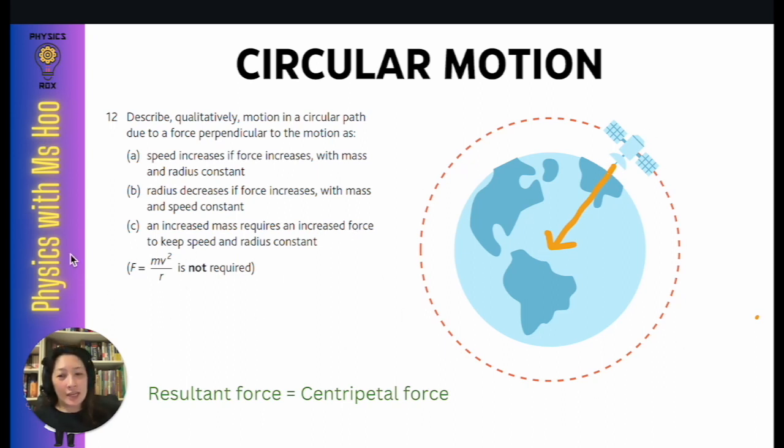You don't actually need to know it, as mentioned here, it's not required, so you don't need to memorize this formula or know how to use this equation to solve questions, but I find that it's easy to remember the factors if we know the formula. If you can't remember the formula, then you memorize ABC instead.